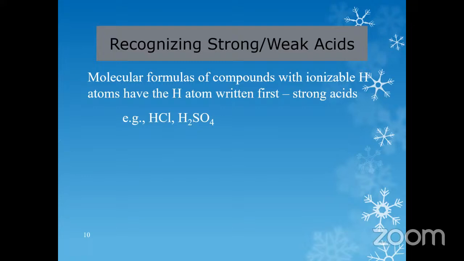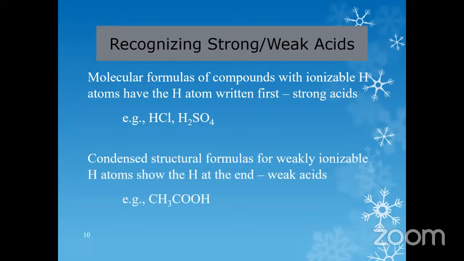And then for weak acids, they typically put the hydrogen at the end of the molecule. But let me just say that this is not universally so, because I've seen in some instances where, in the case of weak acids, they actually put the hydrogen at the front, all right? So this is the rule that you're going to use to determine whether or not a particular acid is weak or strong if you're given a question where that is important.